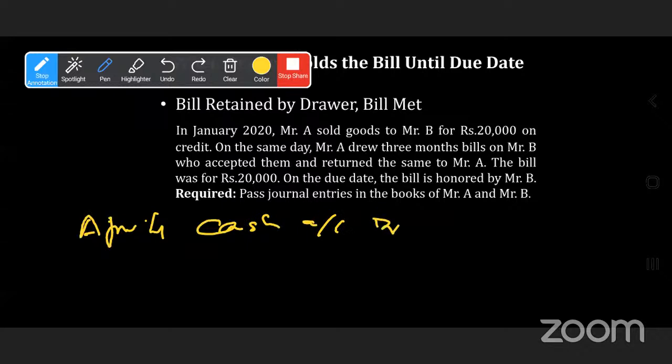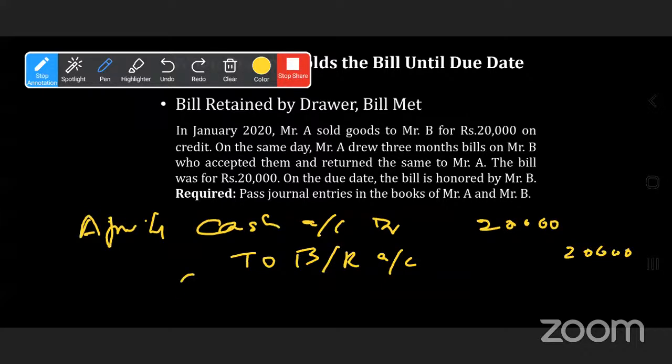How much is the amount? 20,000 to bills receivable account, 20,000. Being amount of bill received. Is it okay for you?